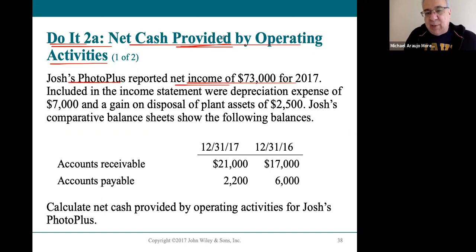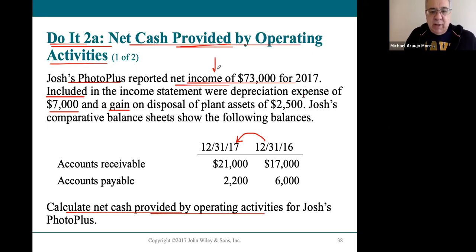So to get the net cash provided by operating activities, we have to convert to the cash basis. So what do we need to know? We need to know that as part of that, we had a depreciation expense of $7,000. There was a gain of $2,500. Then we see that accounts receivable increased, but accounts payable decreased. So they want us to calculate what is the cash provided by operating activities.